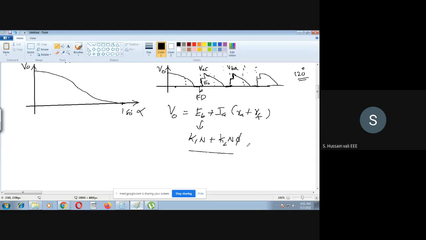Because phi depends upon Ia, this can be written as K1 into N plus K2 into Ia into N. This is because of the residual flux. You must understand there is a residual flux in a DC series motor, as we have seen in the previous class also, whereas this part is because of the actual field.